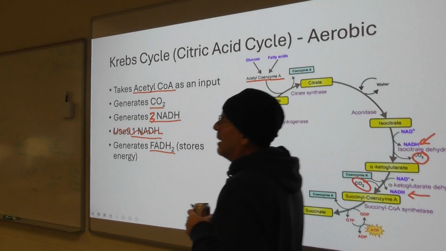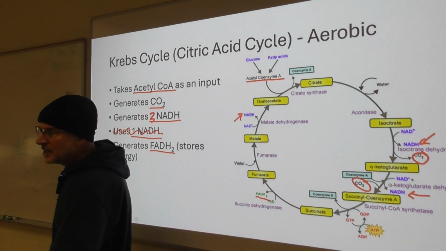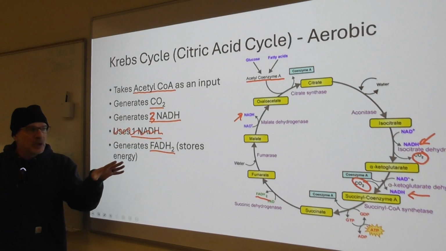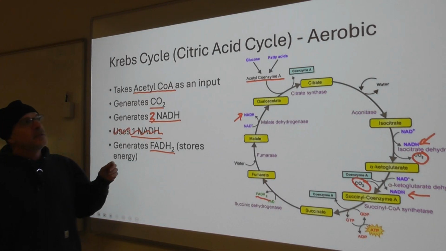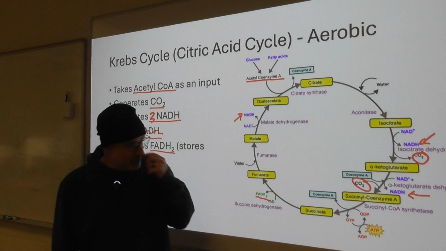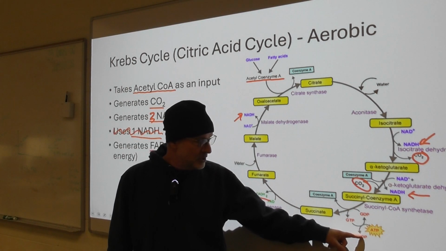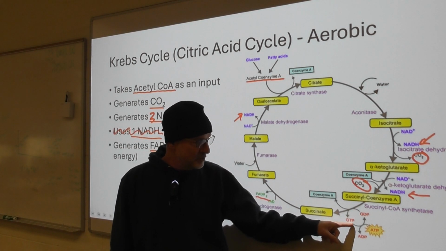One of the things that happens, and you'll see this, is that some of these diagrams look a little bit different, because these processes are so complicated that when you simplify them, you inevitably leave something out or add something extra. So some places it says that the Krebs cycle produces ATP, but here we're not producing ATP, we're producing GTP.